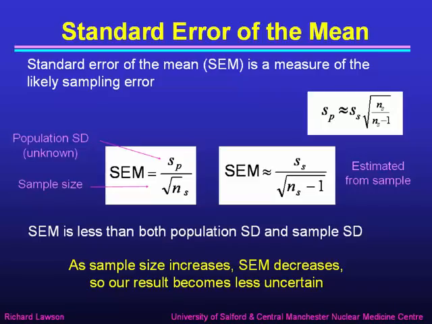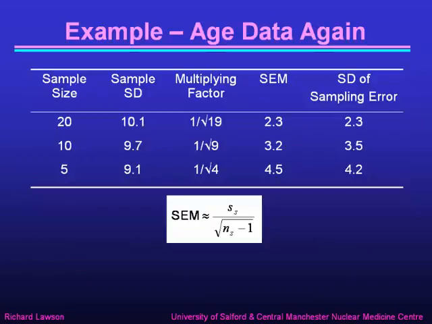So the standard error of the mean is a very useful concept. Let's illustrate it by going back to our age data again. We've seen that for our three different sample sizes we've got a sample standard deviation that we calculated in the first part of the lecture, and to calculate the standard error of the mean we need to divide by root n minus 1, which means we divide by either root 19 or root 9 or root 4 for these three different sample sizes.